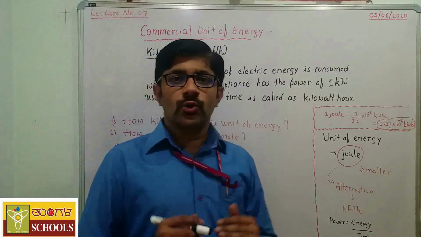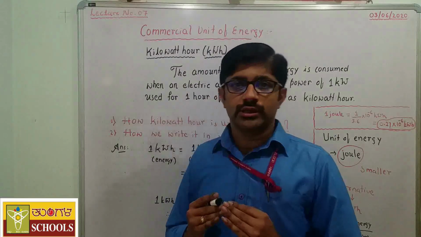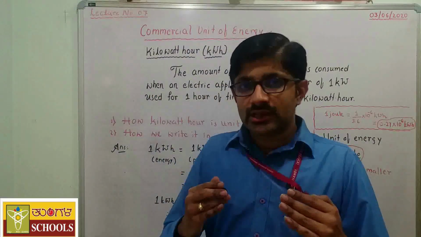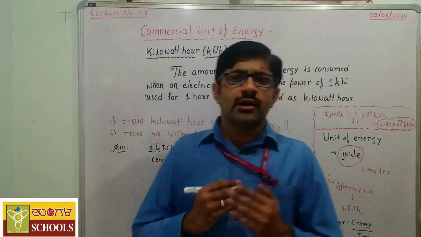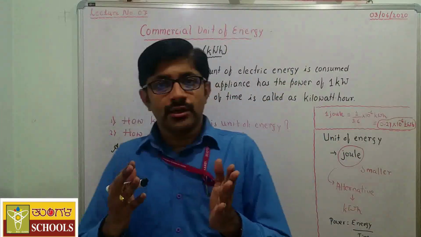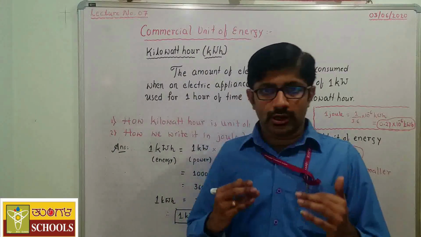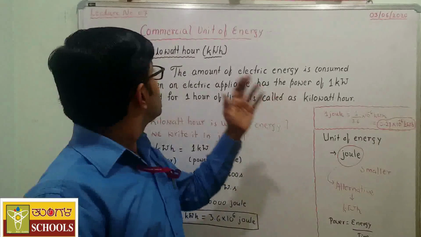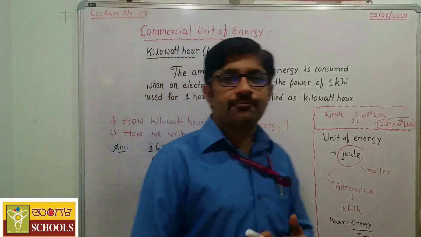Let's move on to the point called commercial unit of energy. How are the electricity companies like HESCOM or BESCOM or many other KPTCL branches measuring the current? How your bill is going to arrive is only with respect to the unit that is taken as the commercial unit of energy.